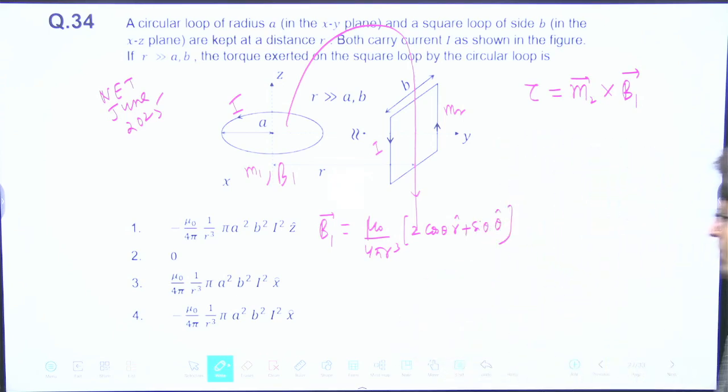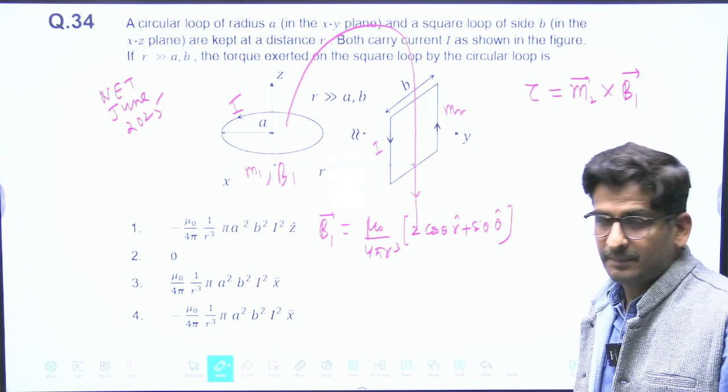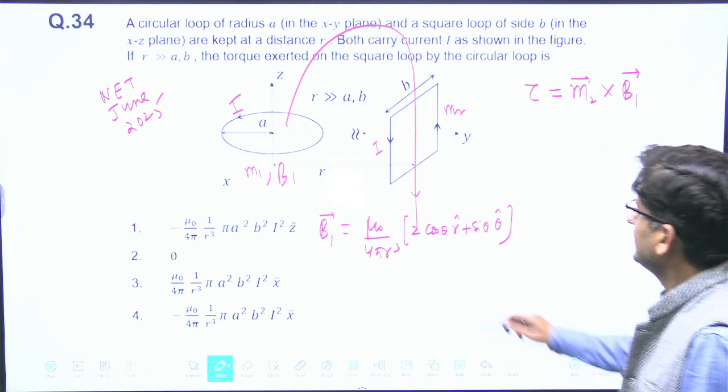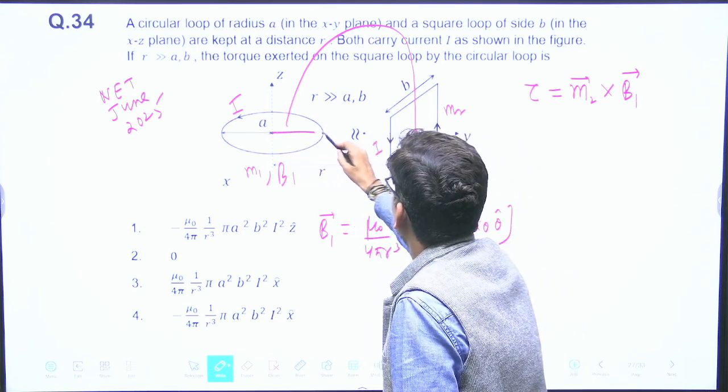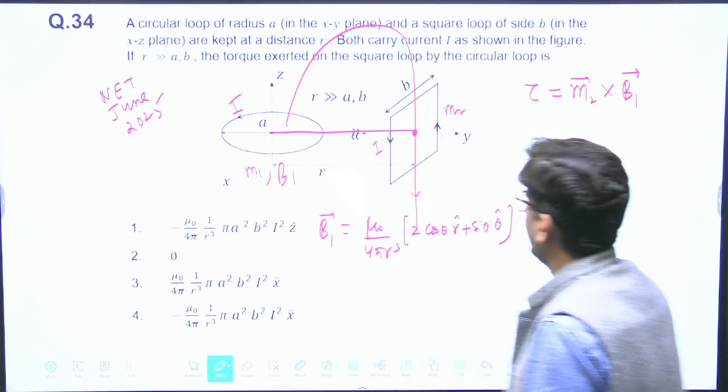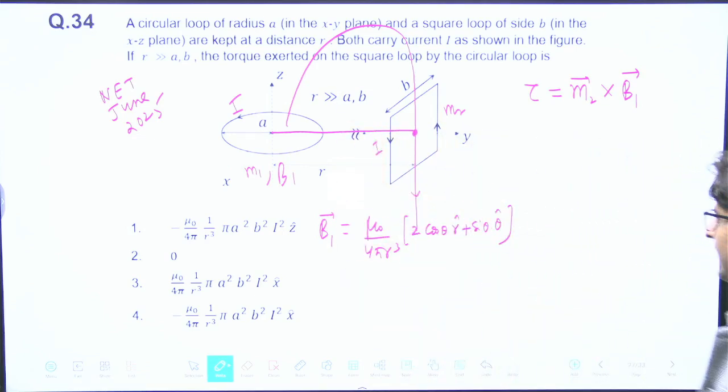So this is the formula for the magnetic field due to a magnetic dipole. Now you can see this is the point where I want to calculate. So the value of theta with the z axis is 90.